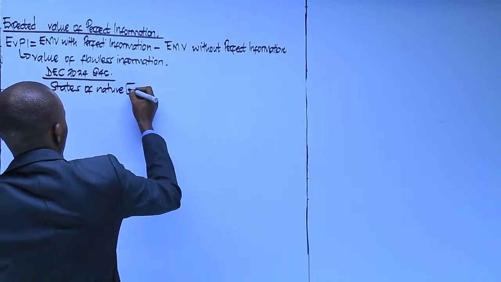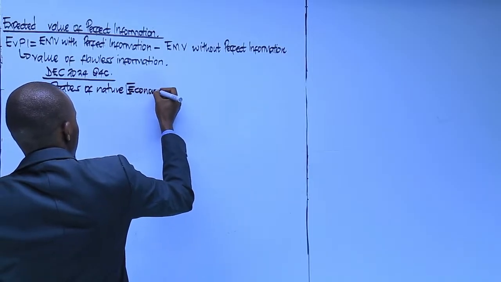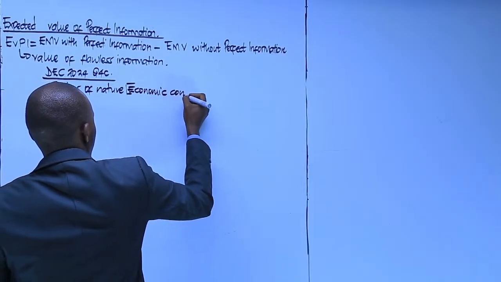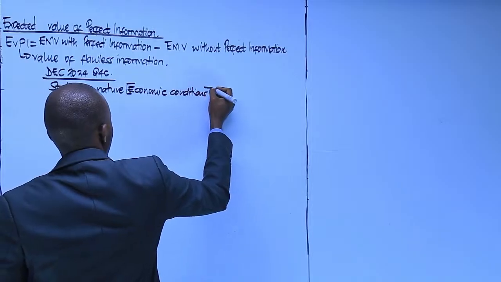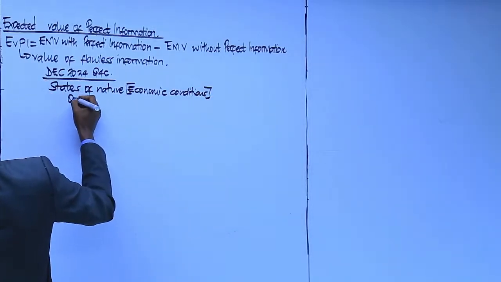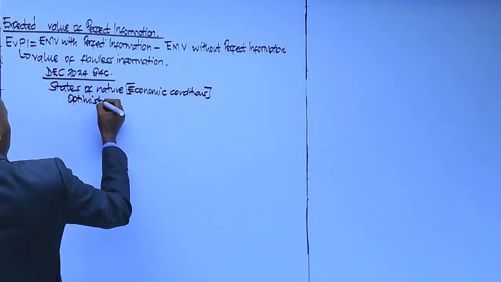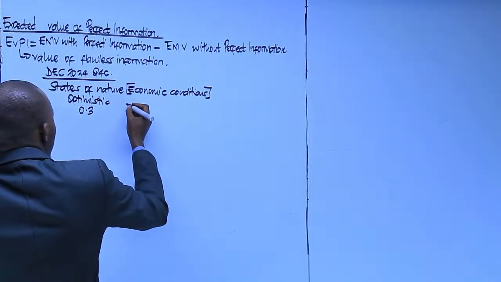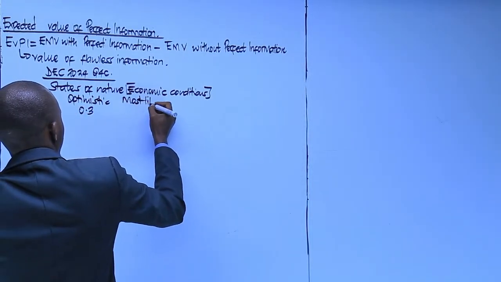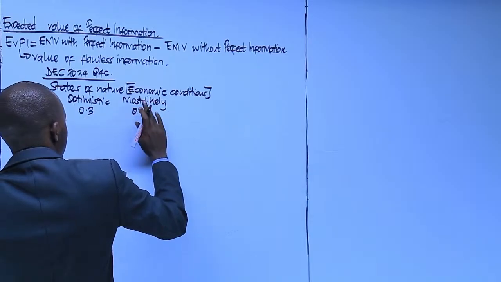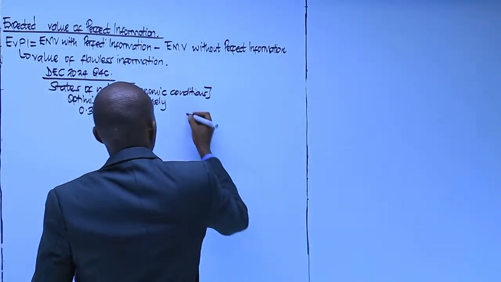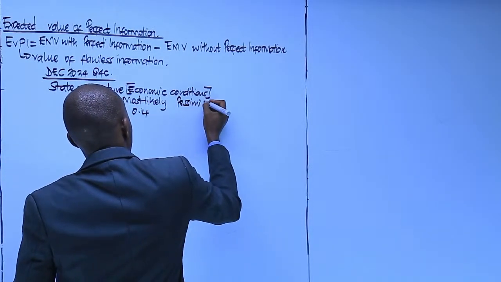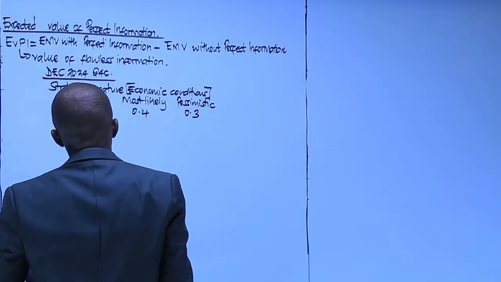And this was your economic conditions, which was optimistic with a probability of 0.3, most likely with a probability of 0.4, and pessimistic with a probability of 0.3.